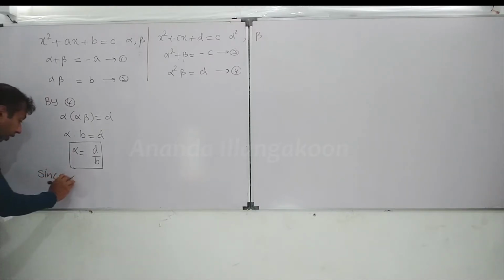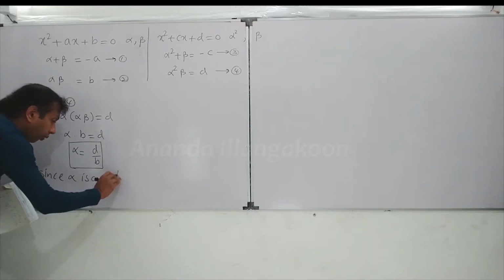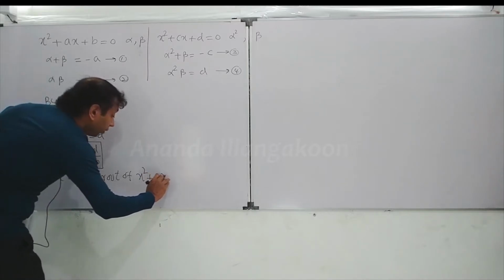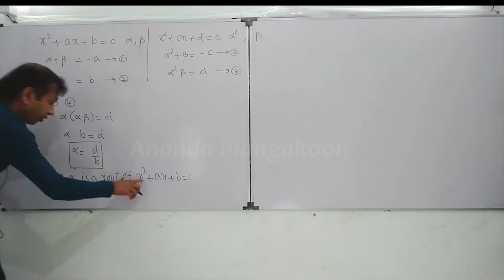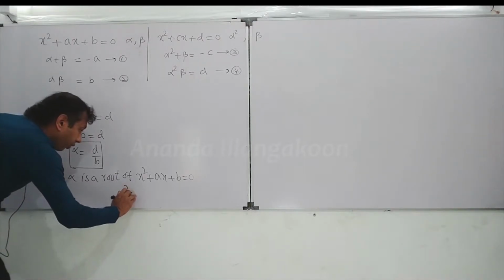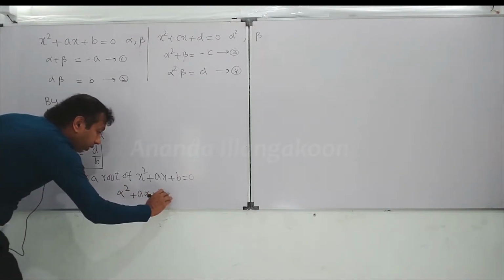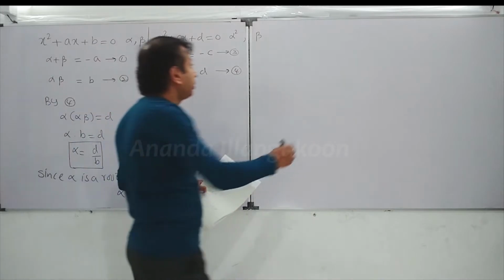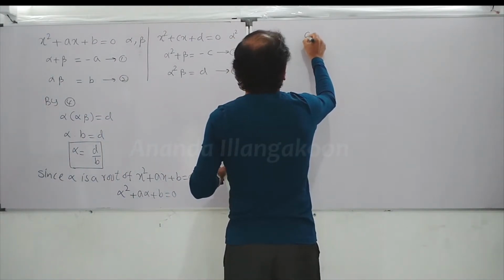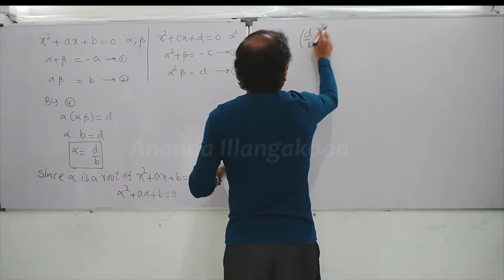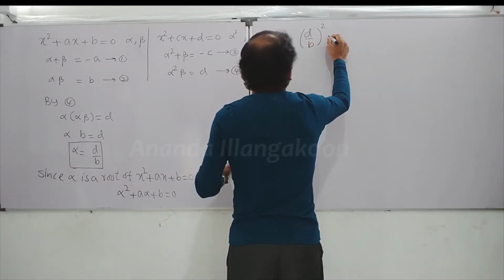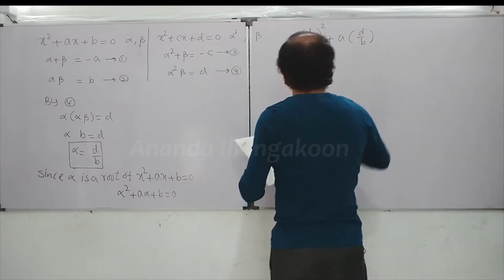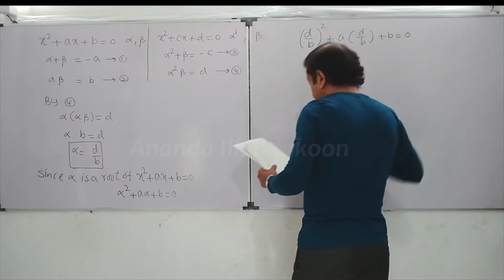Since alpha is a root of x squared plus ax plus b equals 0, alpha must satisfy it. So we can write alpha squared plus a alpha plus b equals 0. For this alpha, now I can put d upon b, then we get (d upon b) whole squared plus a times d upon b plus b equals 0.